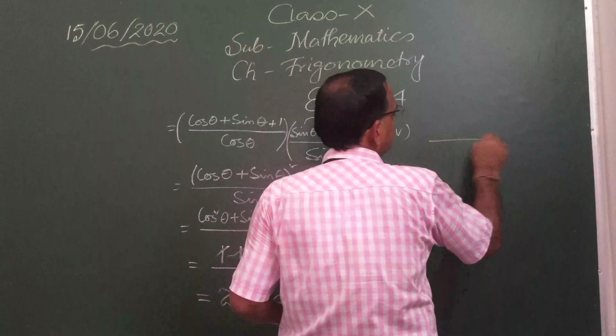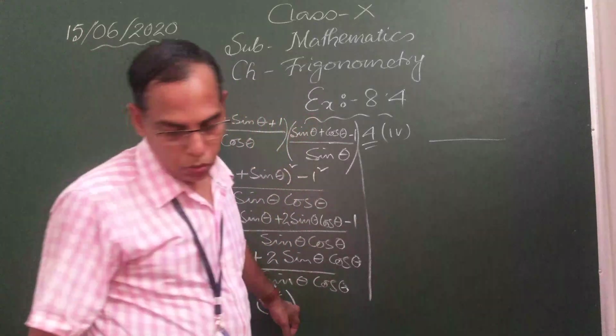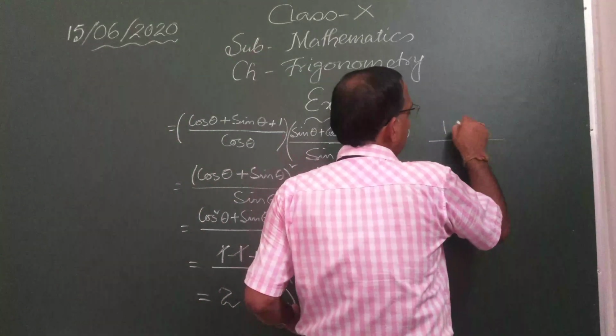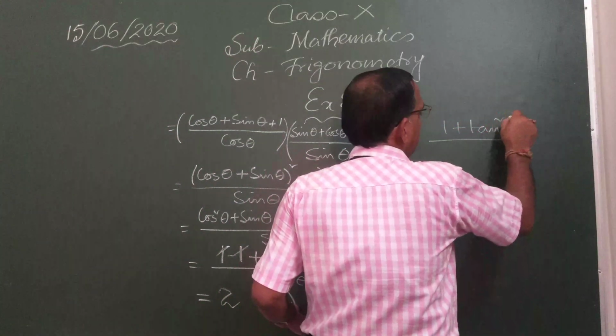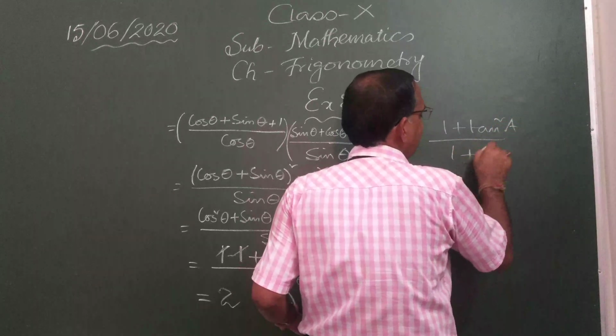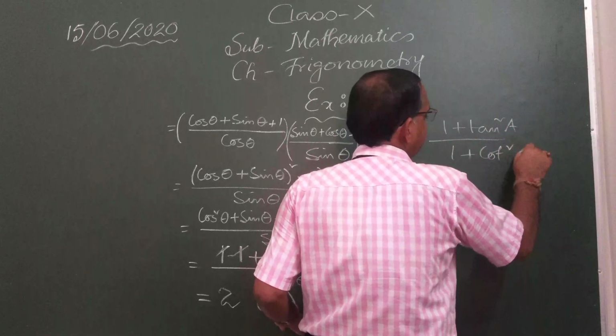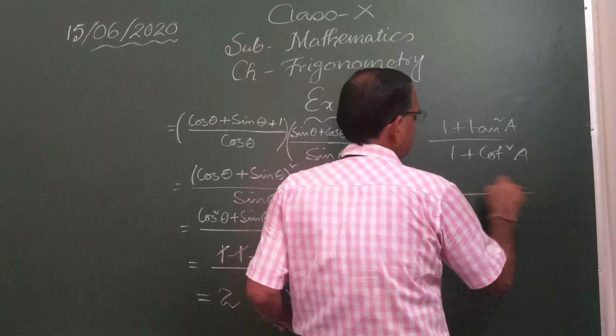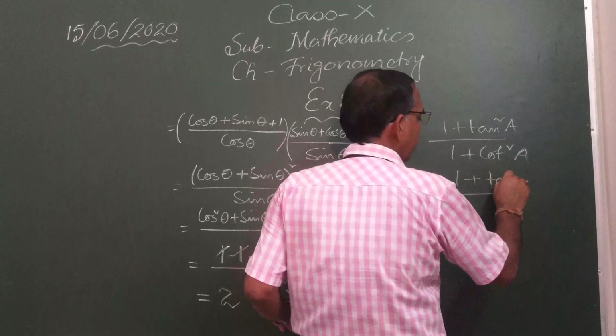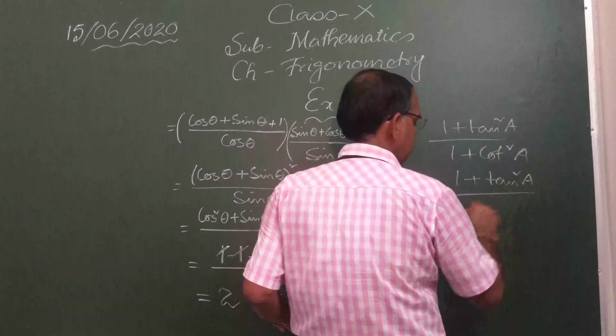So see, what is there? 1 plus tan square A divided by 1 plus cot square A. I will keep the numerator as it is; the numerator I am not going to change.